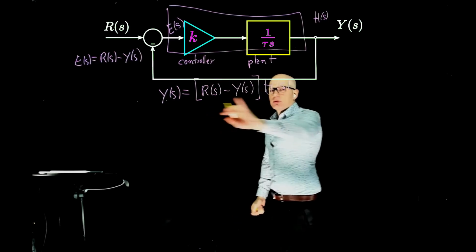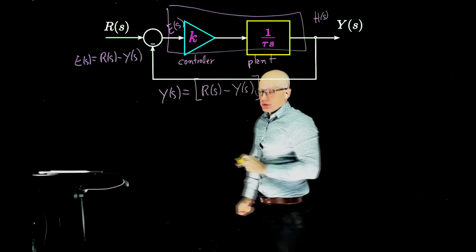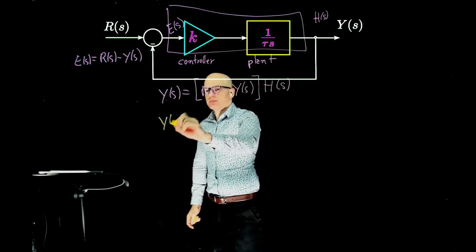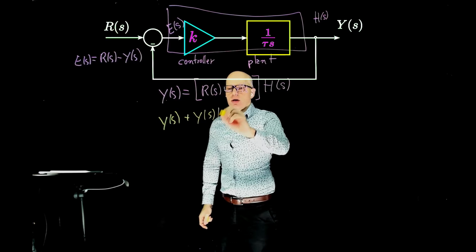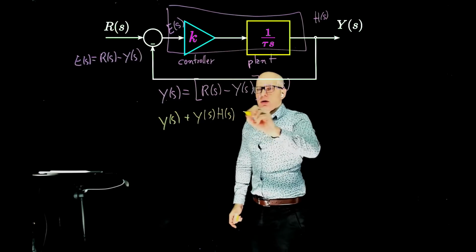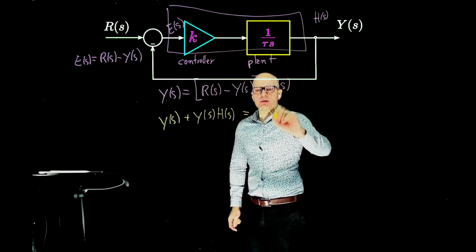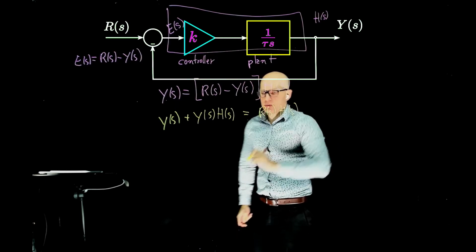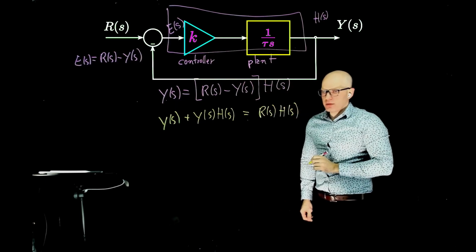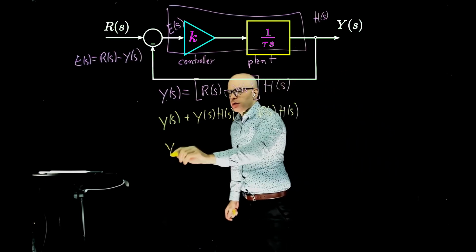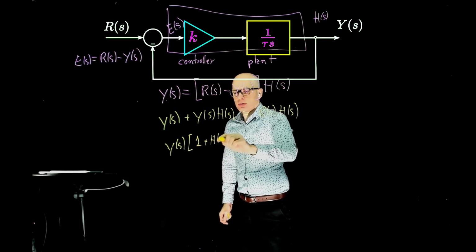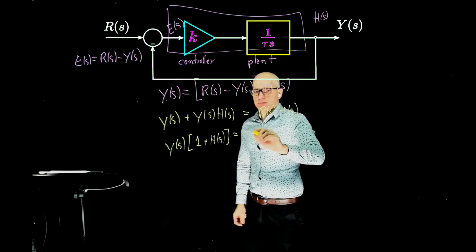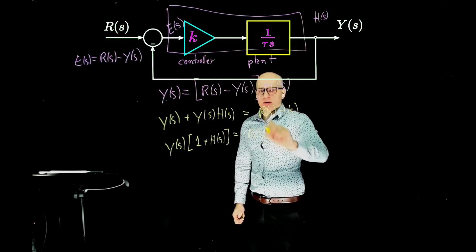Now what can you do? We can multiply this out and move all y's to the other side. So y of s plus y of s h of s equals r of s times h of s. We can factor out y here: y times 1 plus h equals r of s h of s.